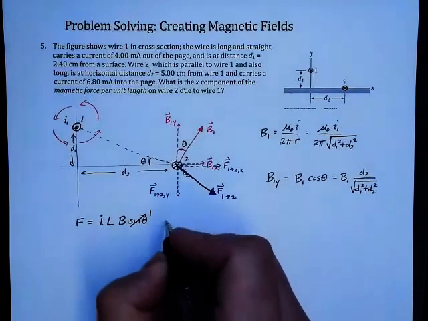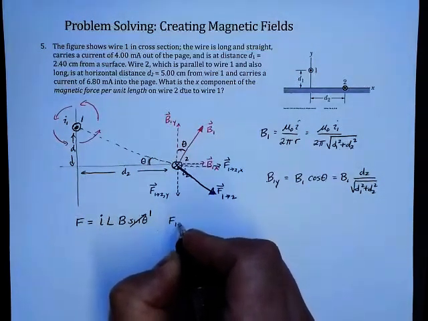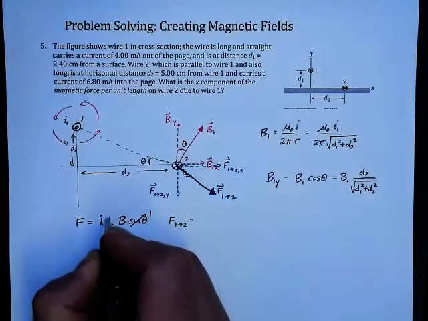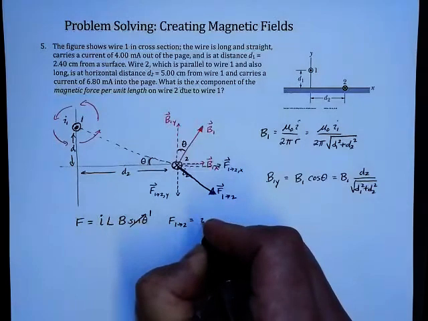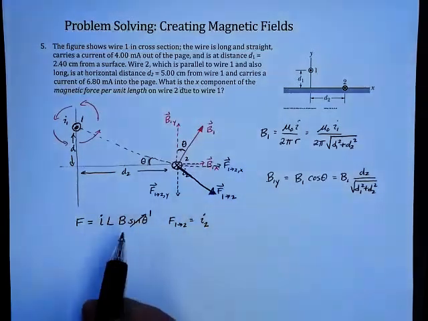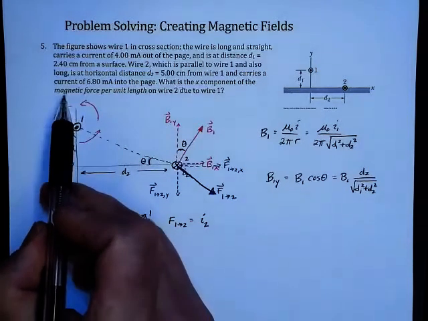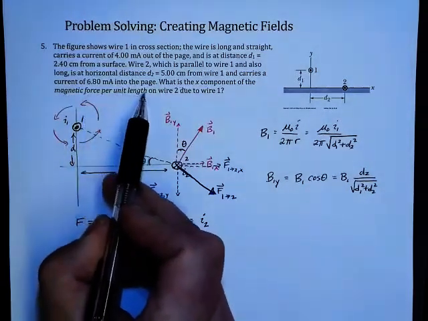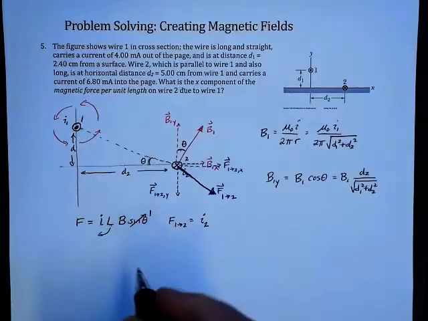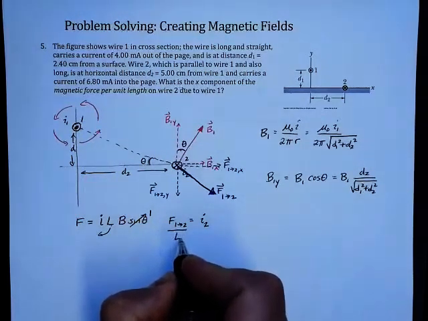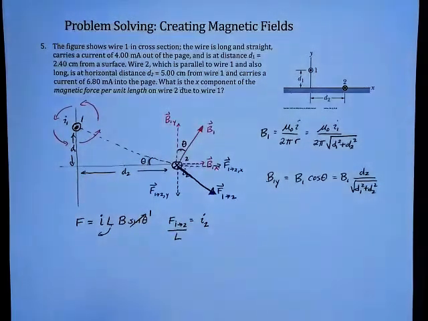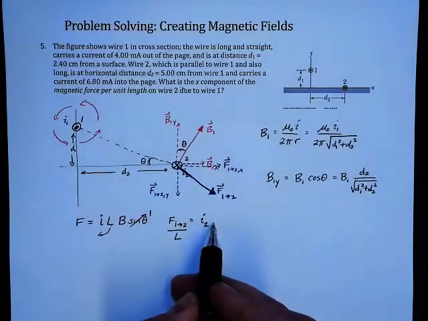And so the force that wire 1 puts on wire 2 is going to equal the current flowing in wire 2, so that's I2, times the length. Well, I don't know the length, and in fact, this asks me for magnetic force per unit length. So let's move length over to the other side and get force per unit length, times the magnetic field.